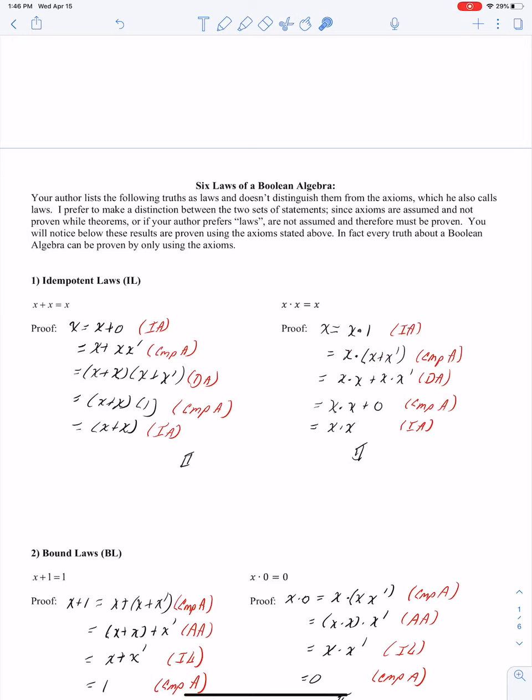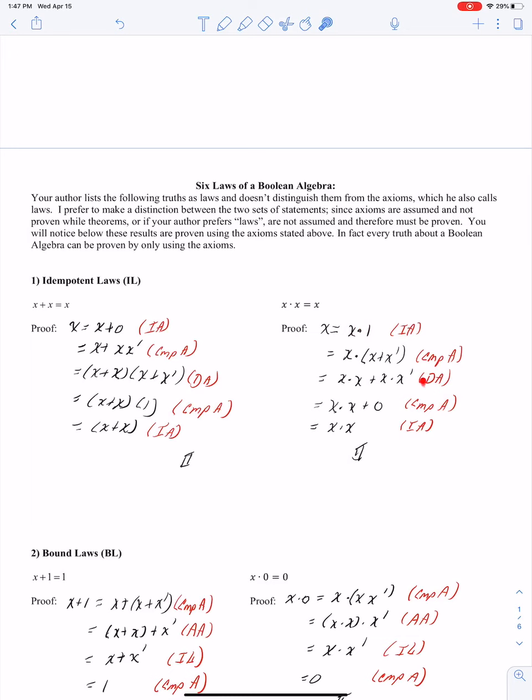Now, the interesting thing is my reasons for why it's true don't change. As in, it's still one of those pairs. It's just the other pair. Okay, so I could either dualize this argument and I get this, or I could just go and do it again, right? So then x plus x prime, I know that's 1 by the complement axiom.